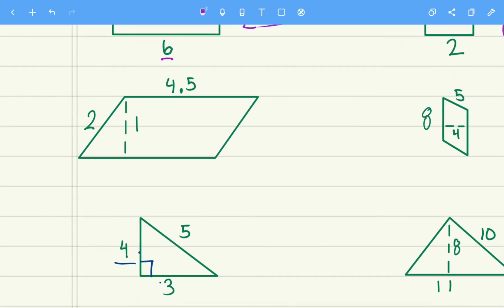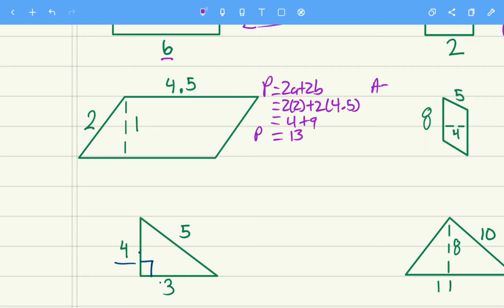Now let's look at the parallelogram here. Perimeter is 2A plus 2B. A is 2, so you get 2 times 2 plus 2 times B, which is 4.5, which gives us 4 plus 9, which is 13. So perimeter is 13.